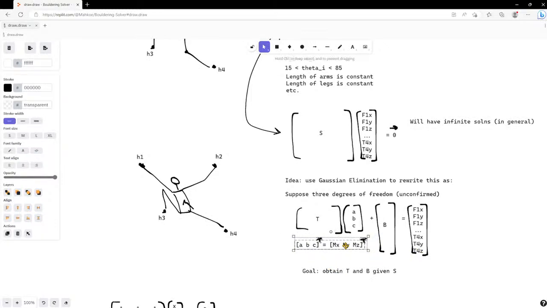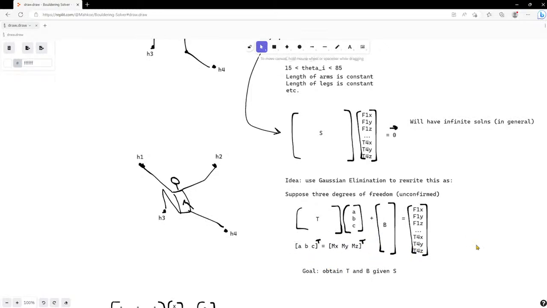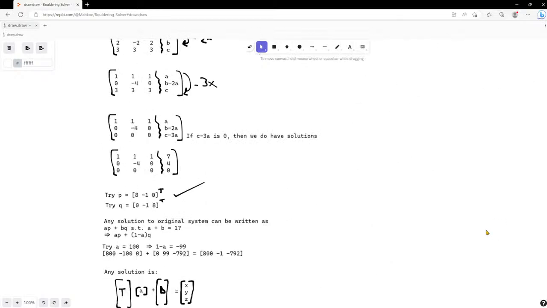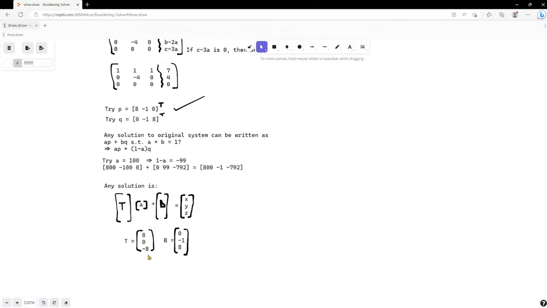I don't know. So here our t is 8, 0, -8, and our b is 0, -1, 8.